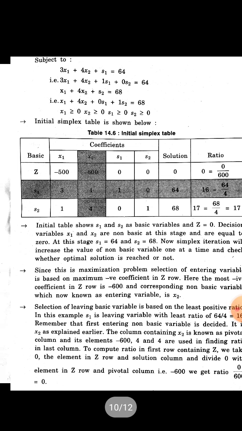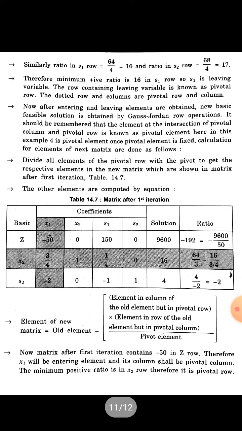In this example s1 is the leaving variable with the least ratio, 64 divided by 4, which equals 16, as we calculated earlier. For the z row it is 0 divided by minus 600, for the s1 row 64 divided by 4, and for the s2 row 68 divided by 4. The answers are 16 and 17.